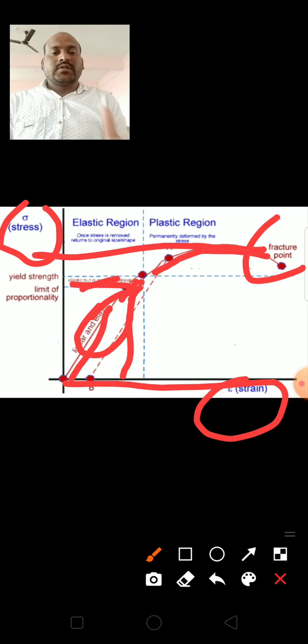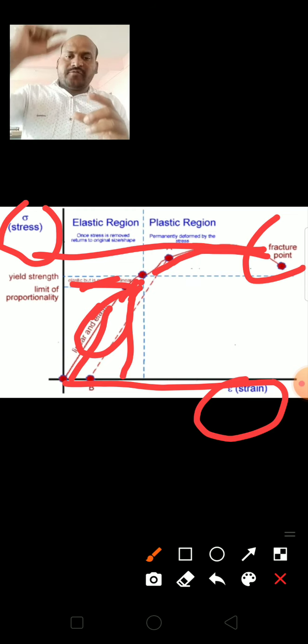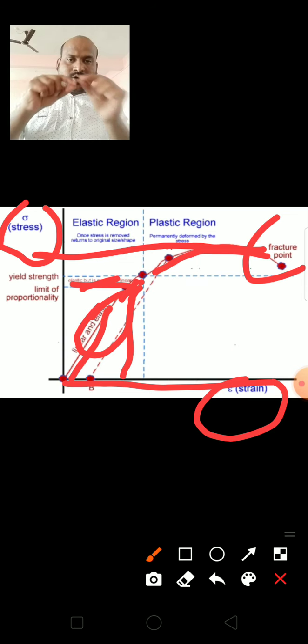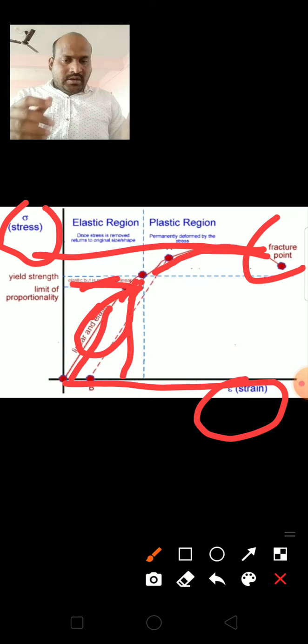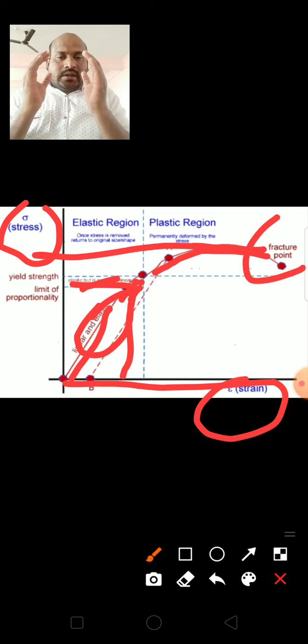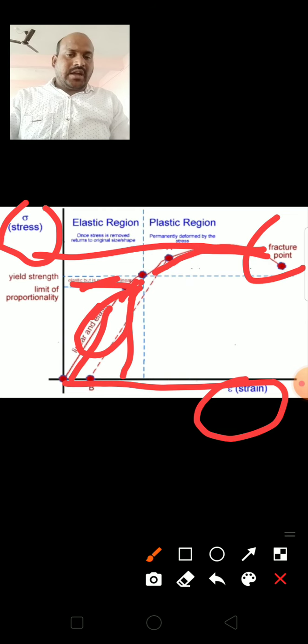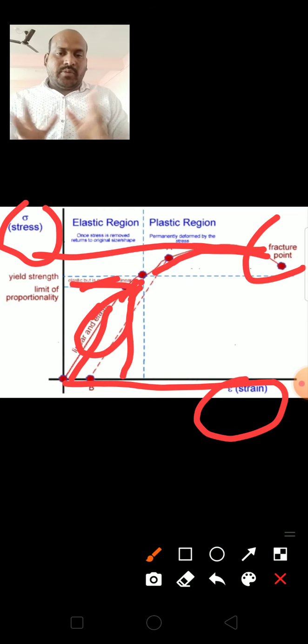So if you consider a steel wire fixed to a hanger, first I apply a small amount of force. In that condition, within the elastic limit, the stress and strain are directly proportional.